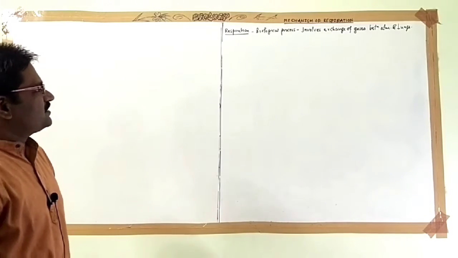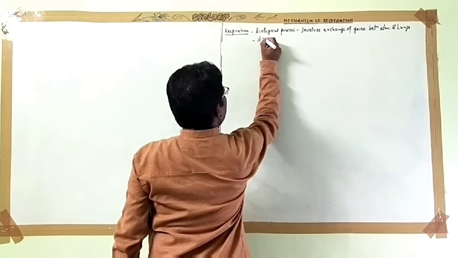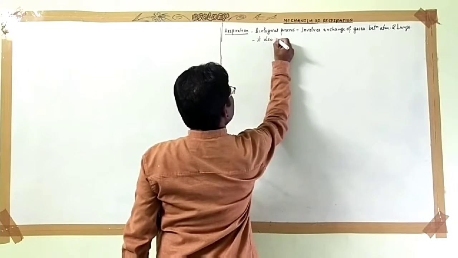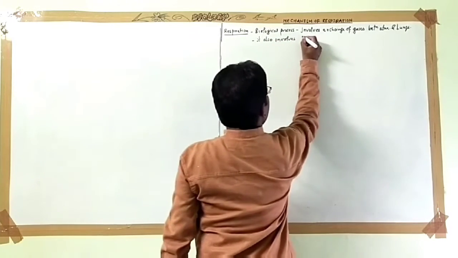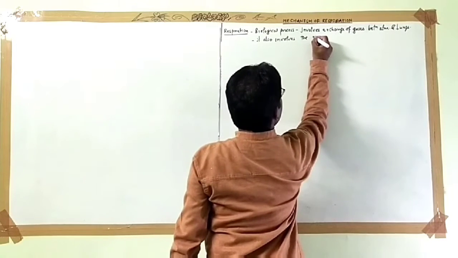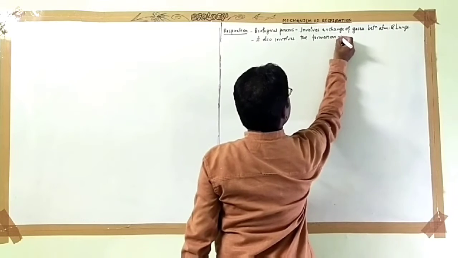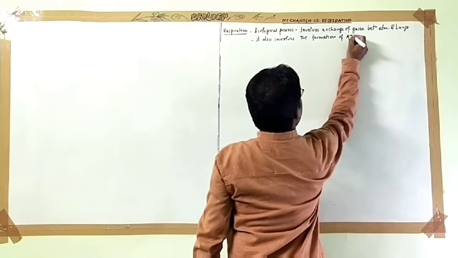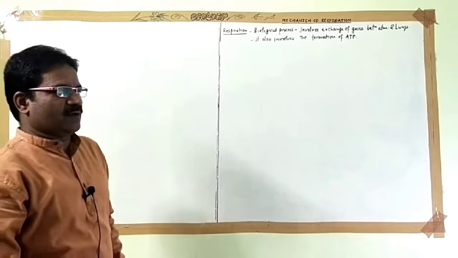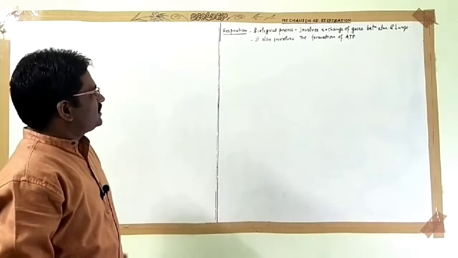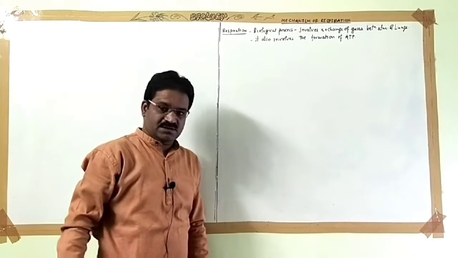This process also involves the formation of ATP. Formation of ATP means the formation of energy, that is a utilizable or usable form of energy. This is the energy releasing process.